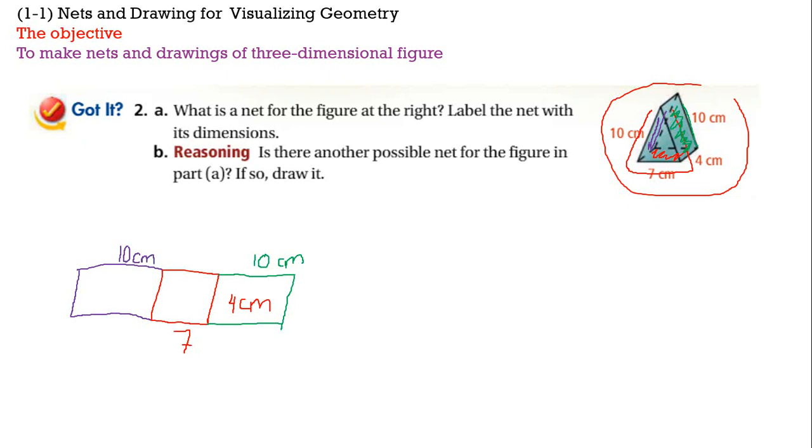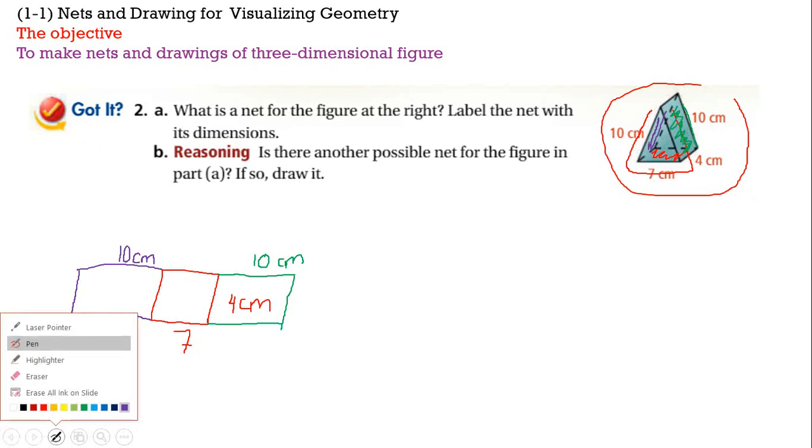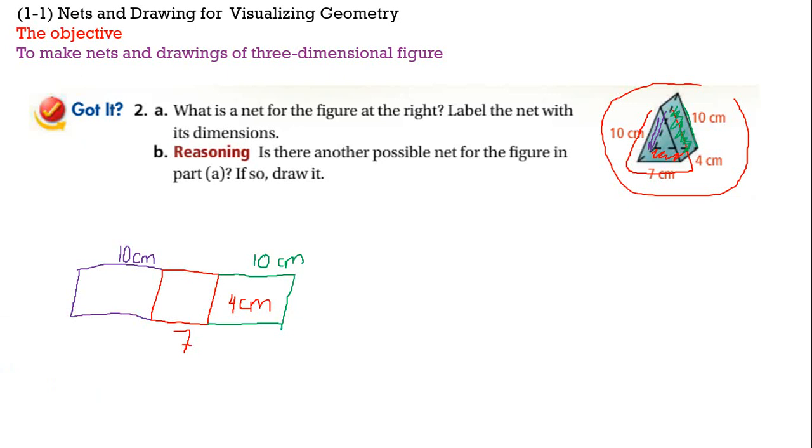Now still remaining the top and the bottom, or I can say the bases. So the bases are triangles. Let me change the color for you to show you. So I'm going to do it for you by using yellow. So it will be like this and like this.